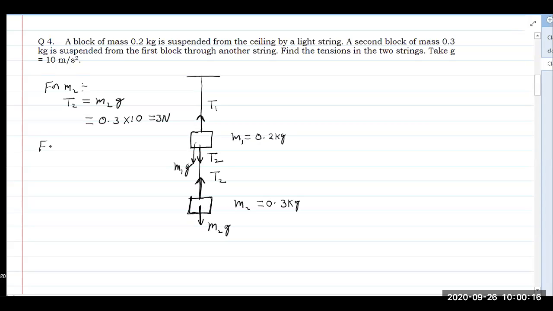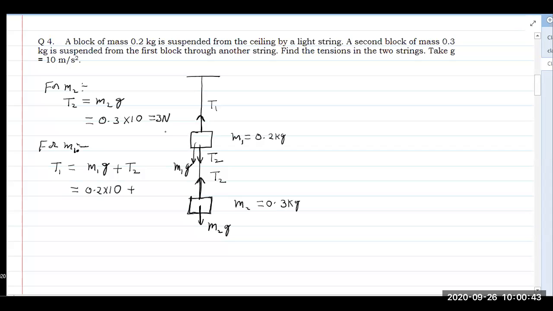Similarly, if you see for M1, what are the different forces? T1 upward, M1g downward, and T2 downward. This is also balanced, so no need to write acceleration. We only need to balance the different forces. So M1g is 0.2 into 10, that is 2 Newton.